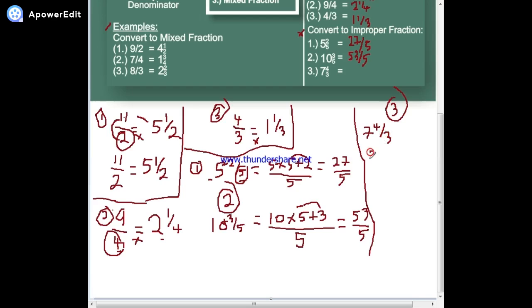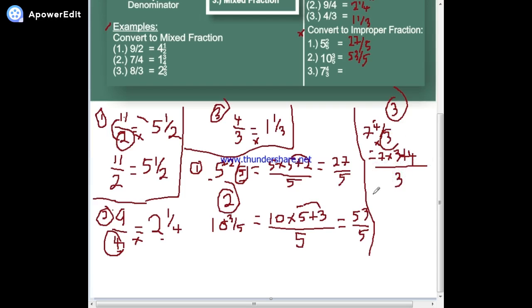We multiply the whole number by the denominator, which is 7 times 3, plus the numerator given to us, which is 4, and everything divided by the denominator given to us, which is 3.